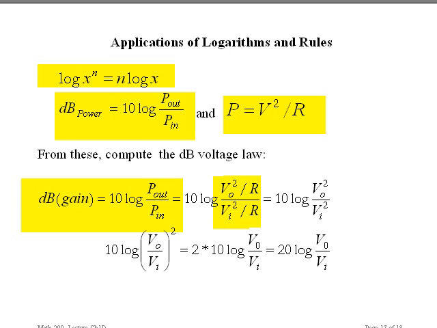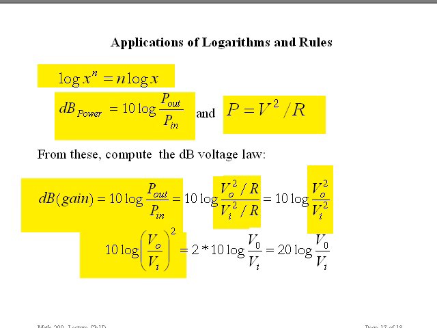All right. Well, if the resistance is the same throughout the circuit, I can cancel those resistances and end up with the ratio of the output voltage squared over the input voltage squared. I can move the square, the power 2, outside of both of those terms, and now make use of the law of logarithms that the 2 can come out in front.